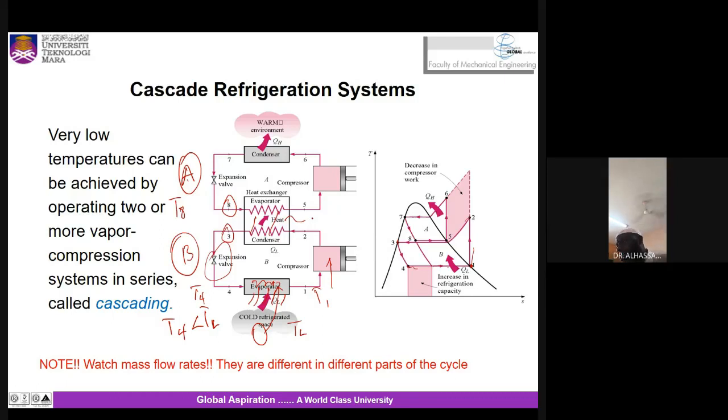You understand me? So let's say the temperature over here is TAB. This temperature, TAB, is much greater. So there will be a potential for heat rejection into this particular evaporator. You understand me?